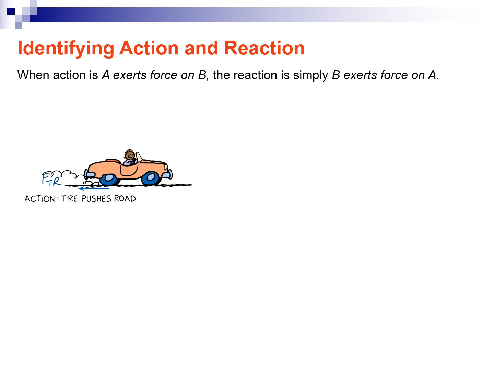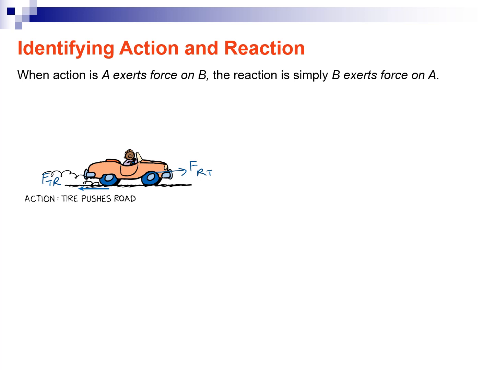Therefore, I need to draw an arrow on the tire and show this as force of road on the tire, FRT. We know that by Newton's third law, force of road on the tire is equal in magnitude and opposite in direction to force of the tire on the road.